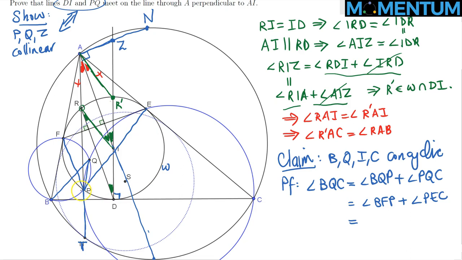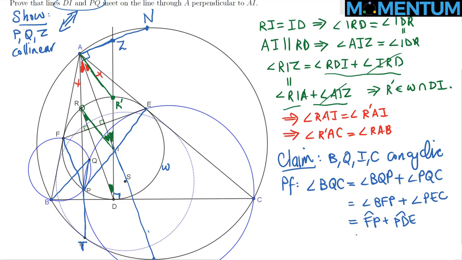So FP plus, let's write that down, FP plus arc PDE. So it is the sum of these two arcs, which is FPE, right?